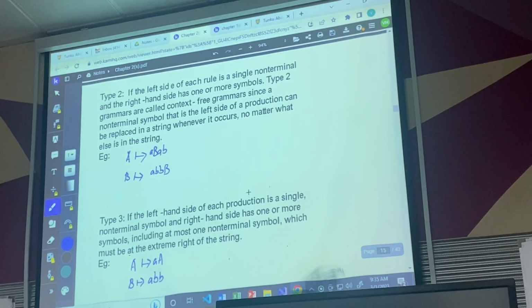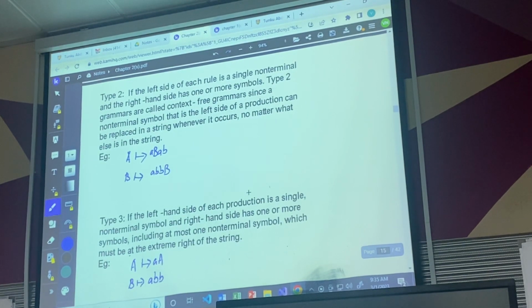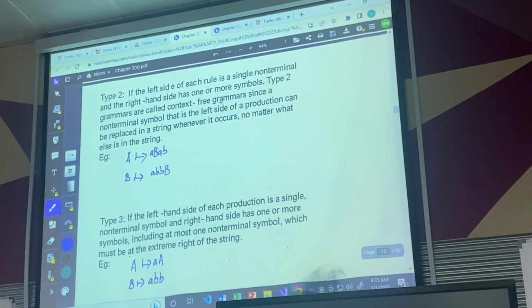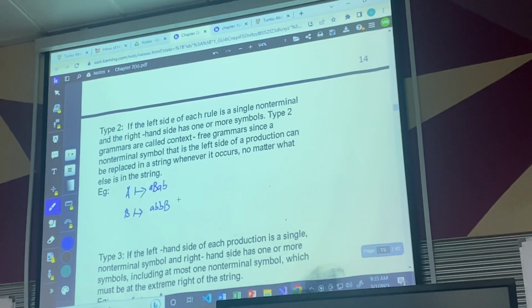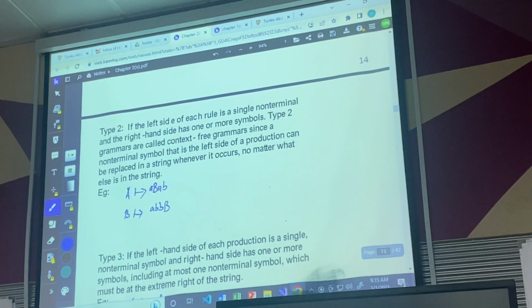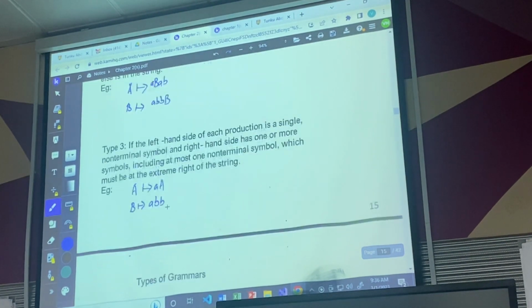So all these apply to type 0 to type 3. And if you notice what I have just said, you will know that if I say this is type 3, can I say this is type 2 as well?